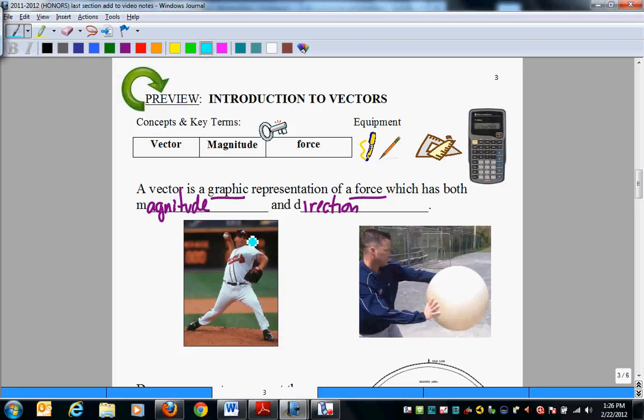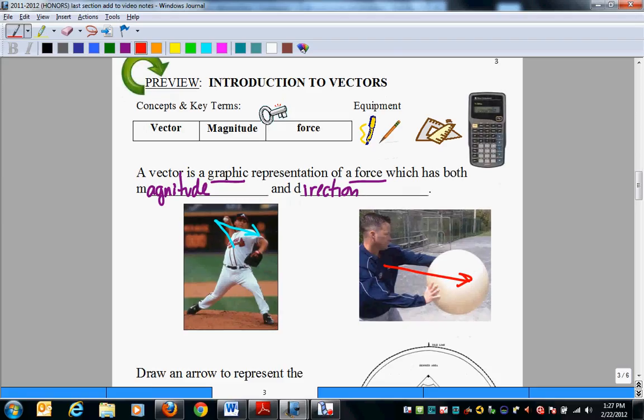Magnitude would be how much strength and force that baseball player puts into throwing that ball, whether he's going to do a speed ball or whether he's throwing the ball to be bunted. That magnitude would be the amount of force he puts behind it. Direction would be which direction the ball would be tossed. Magnitude and direction. So a vector is something we use both in math and physics to represent something that has both an amount of force and direction.